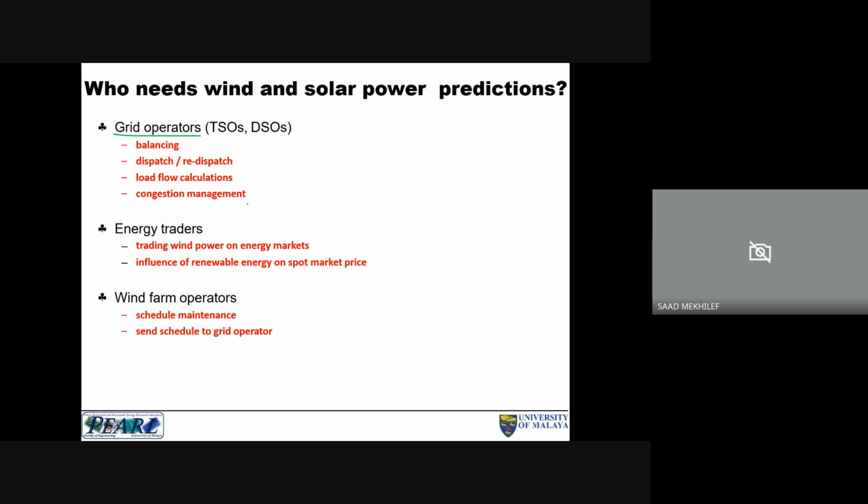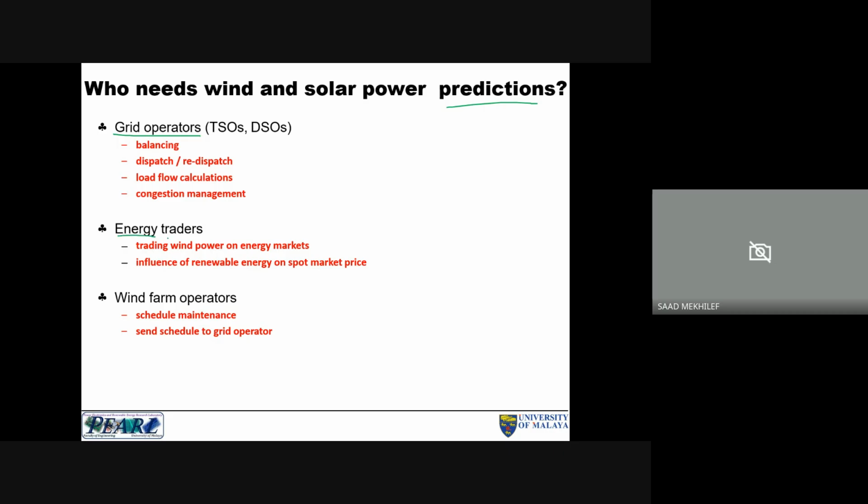So the grid operators need those predictions, because it gives them more accurate information to make proper load flow calculations and congestion management.